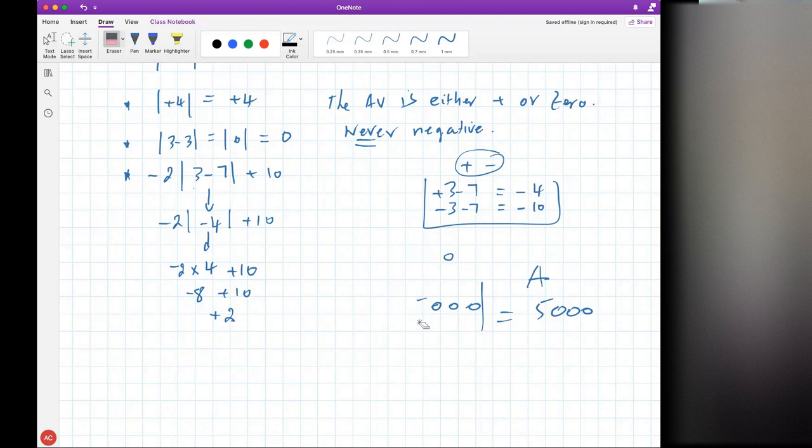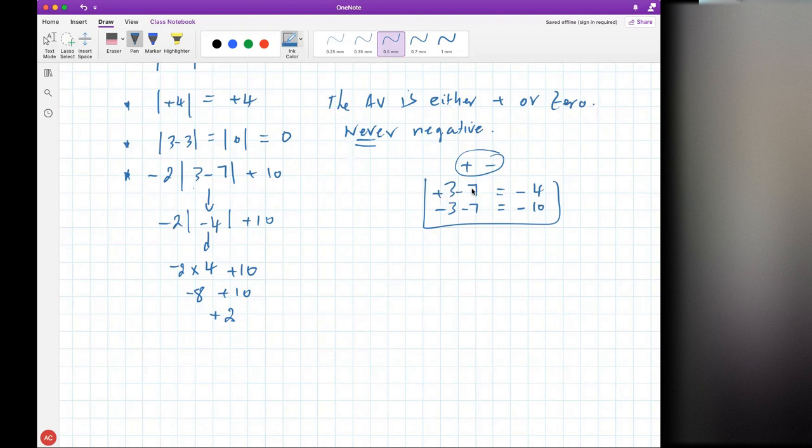We're going to see more later, like I said, when we do equations, we're going to talk more about the absolute value. An actual example here is actually done indirectly with the absolute value.